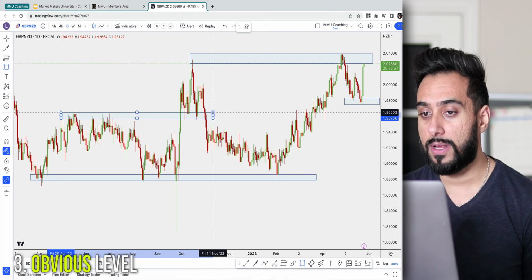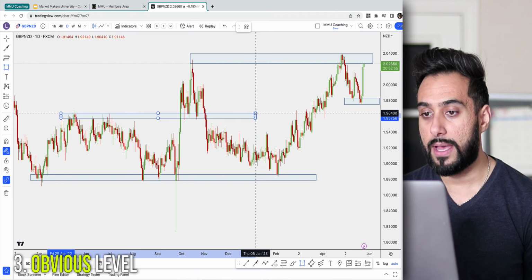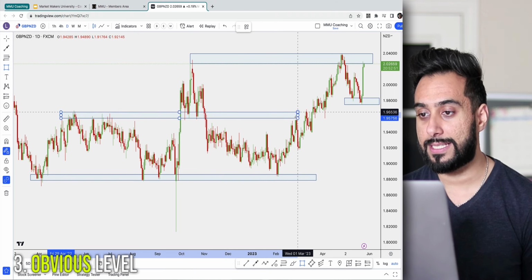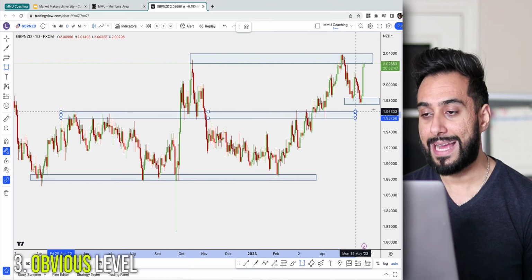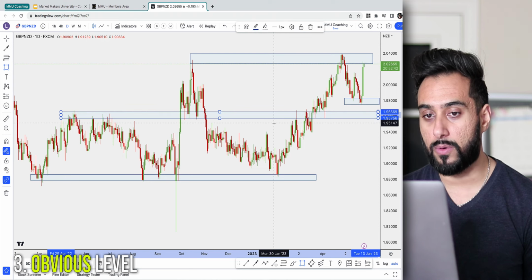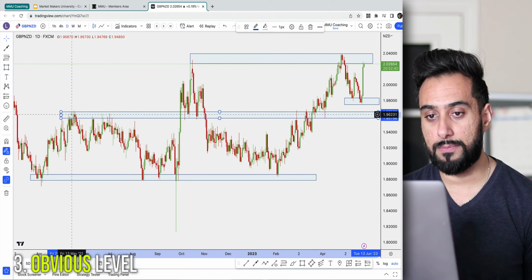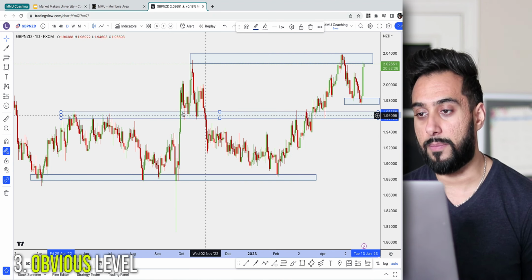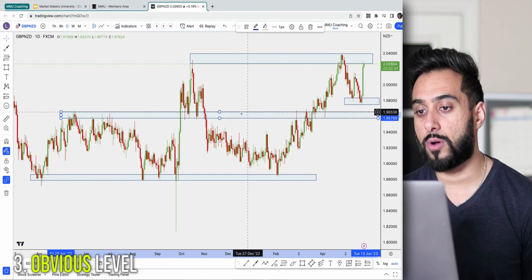And now this zone has turned into a support and is being reacted at multiple times. And now it returned to resistance again where my mouse is, reacting, and then turned into a support, reacting multiple times. I'm wanting to keep this zone as thin as possible while still trying to capture as many wicks as I can, and also trying to avoid as much of the bodies as I can. So this is how you draw this zone.